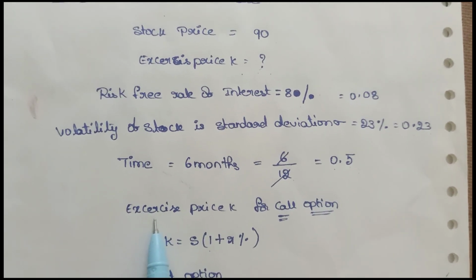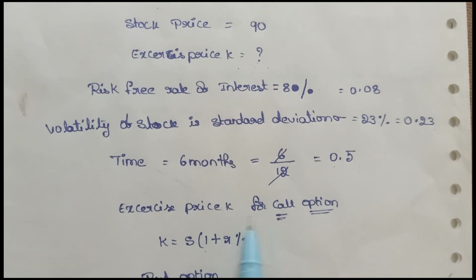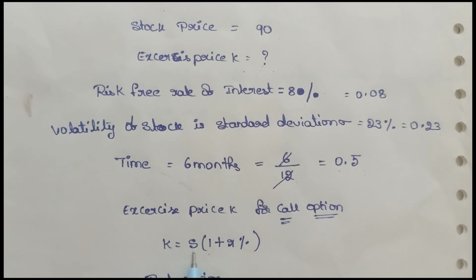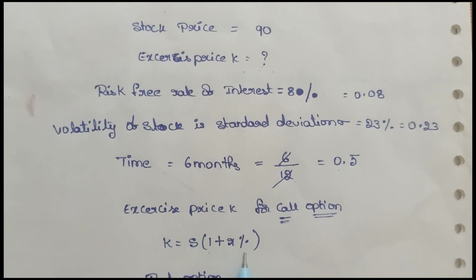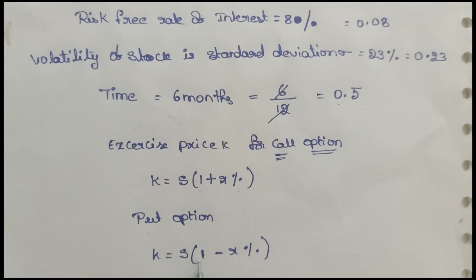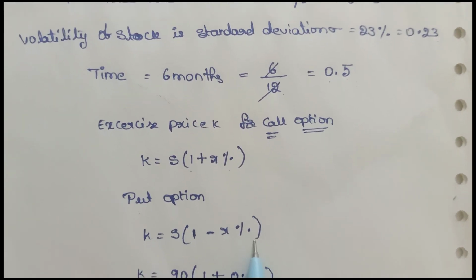Now how do we calculate the value of K? The exercise price K for a call option is K equals S into 1 plus R%, whereas for a put option K equals S into 1 minus R%.